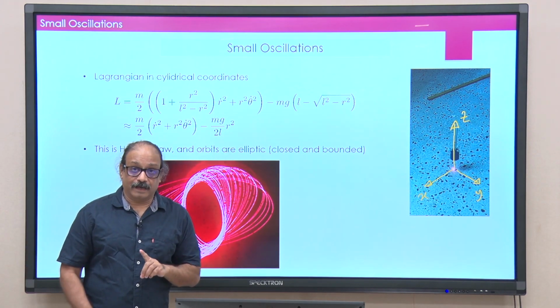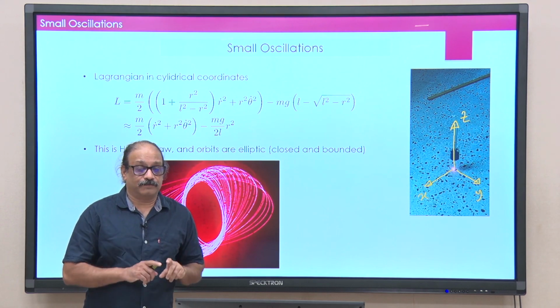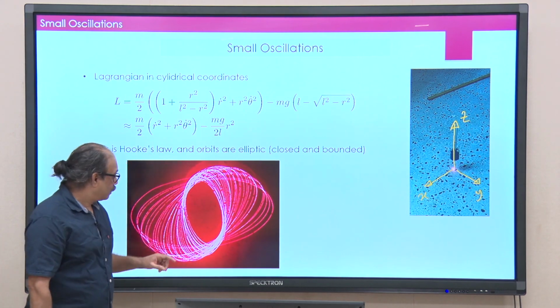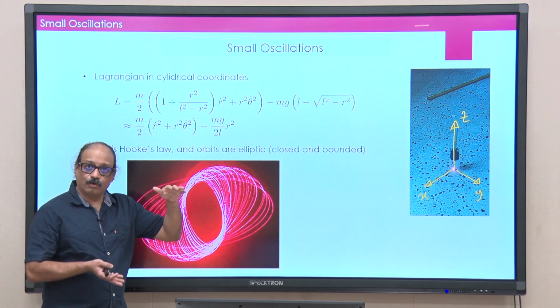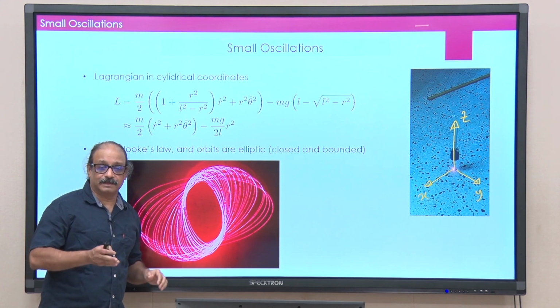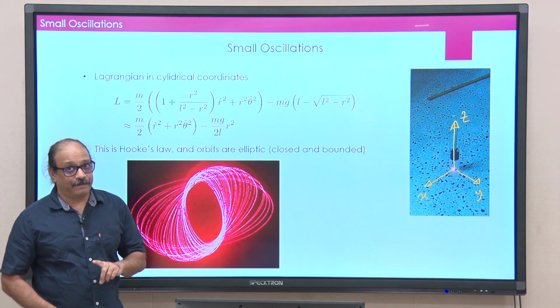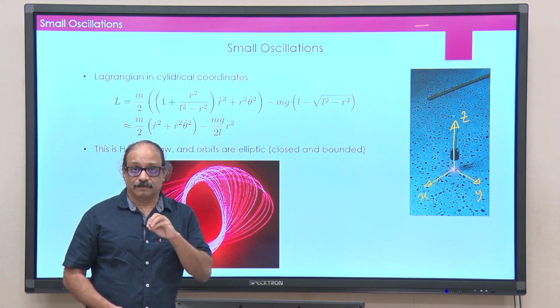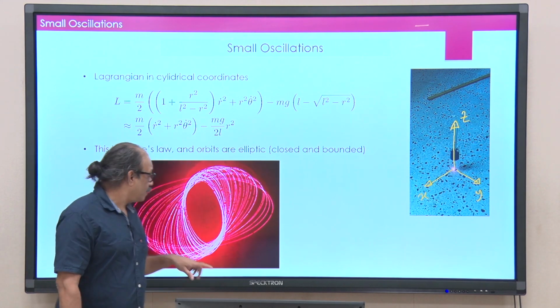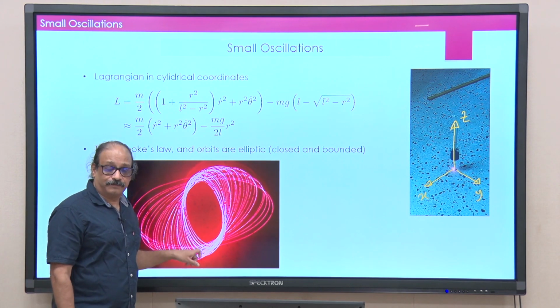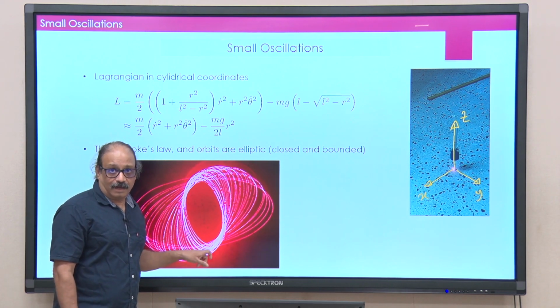But wait, again, if you observe it for long enough, very closely, that ellipse is slowly turning, okay, it's slowly precessing. This happens because of the small nonlinear effects which we have not considered, but they will be present, and they will start showing after some time.